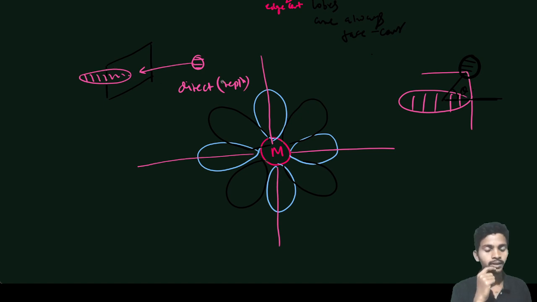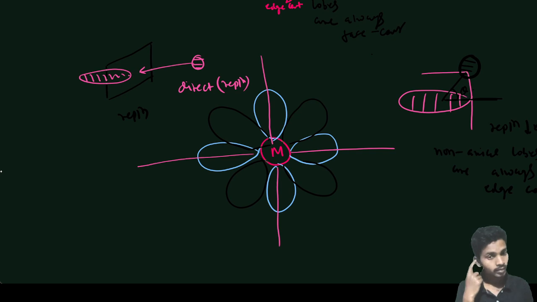So for this there are direct repulsions, and here the repulsion is high, whereas here the repulsion decreases. Non-axial lobes are always at centers. So ligands are coming at the edge centers, and ligands are coming at the face centers.